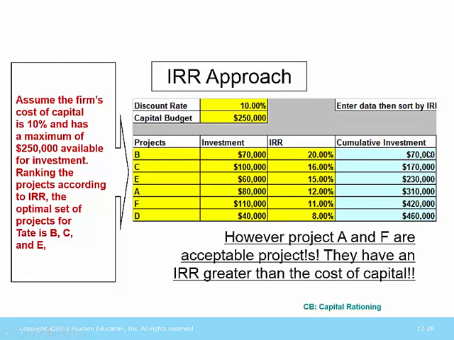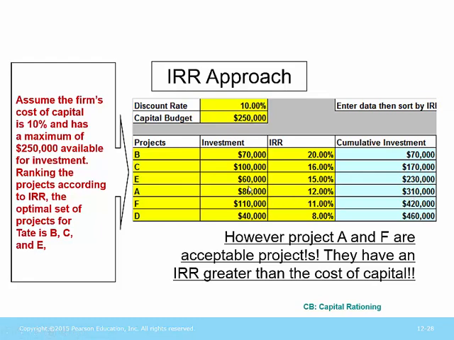$250,000. So we're going to do project B because it costs $70,000. We're going to do project C because combined that's $170,000. We can do project E. So at this point we've spent $230,000, but we can't do project A because it's going to take us over our budget.